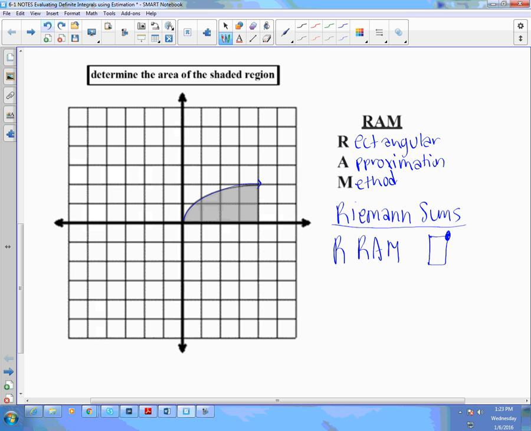We can also do a left rectangular approximation method, which would mean we'd be lining up the top left corner on the curve. Or, what's the third option you think? You've done right, you've done left, middle, where we take the midpoint of the top and line that up with the curve.